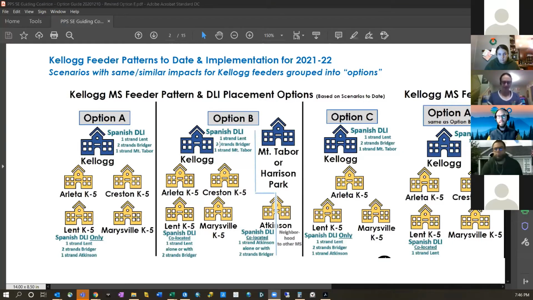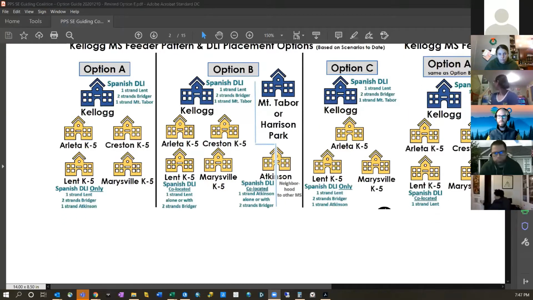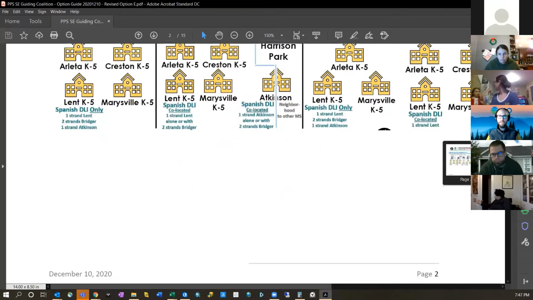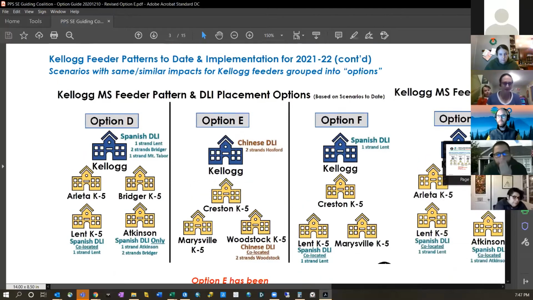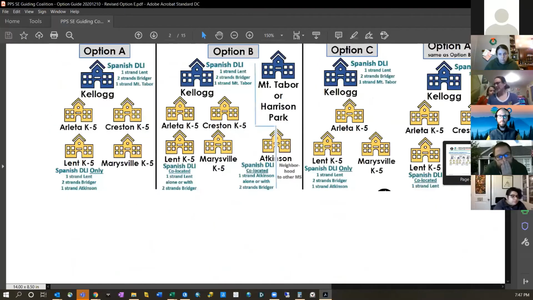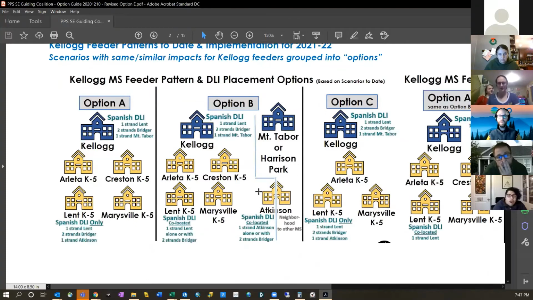For Kellogg, really across the board, you're seeing all 4 of those strands for 6-8, Spanish DLI at Kellogg, just to start with the DLI piece here. I'm going to scroll down to the next page for option D, which also has that going on. So really what we're looking at for differences here are the neighborhood schools that are feeding.